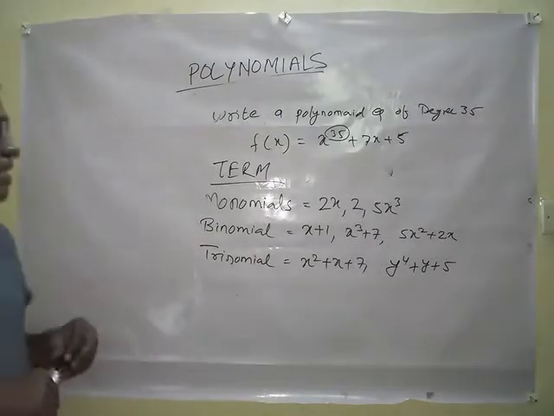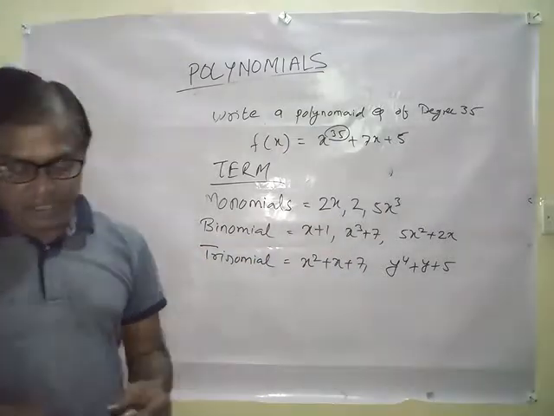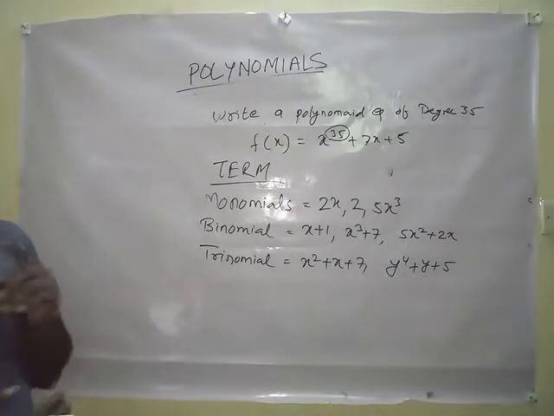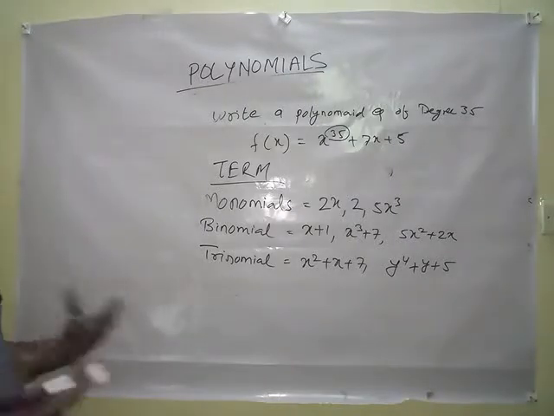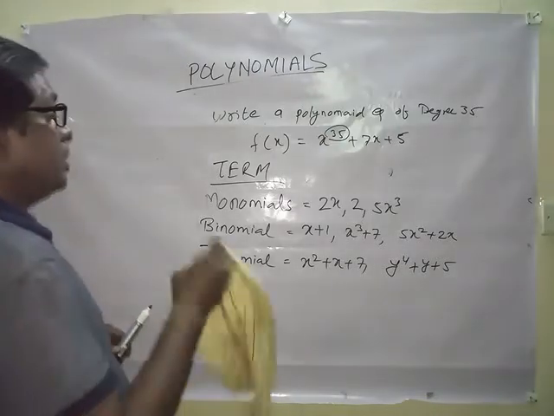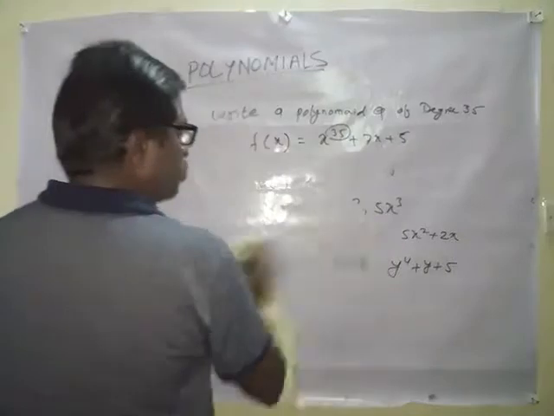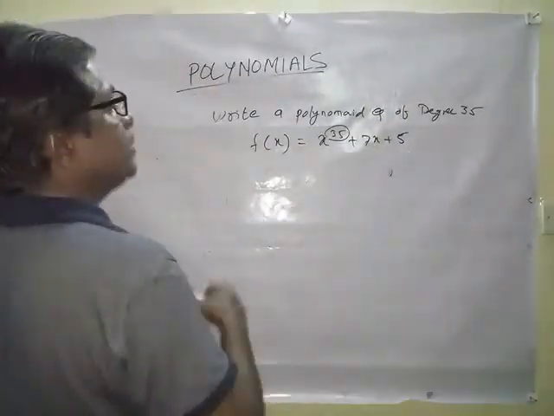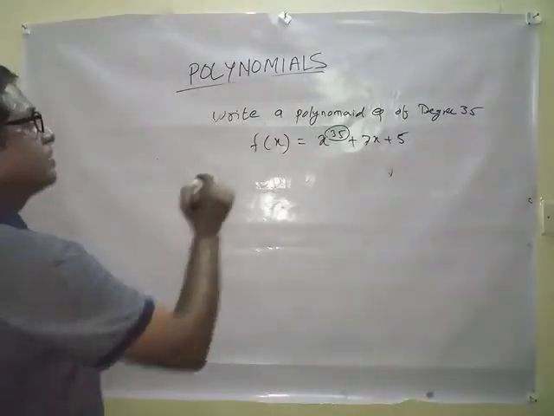And based on the highest degree of the polynomial equation, we have seen whether it is constant, linear, quadratic, cubic or biquadratic. Now on that basis, questions may come, like write down a polynomial equation of degree 35.